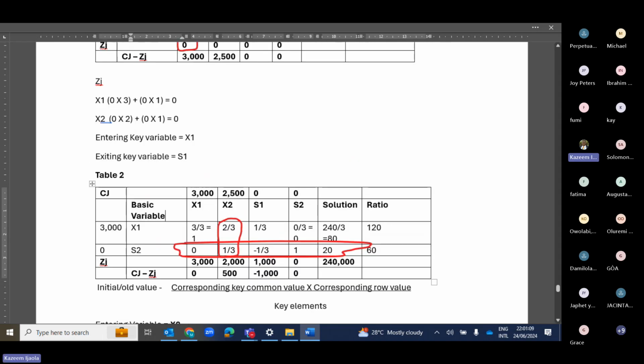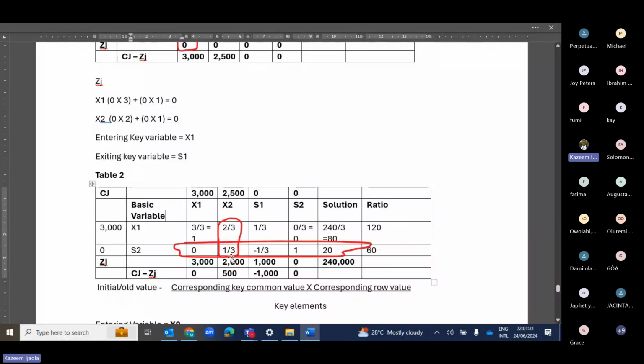So for the entry variable, who can tell me what is our pivot element here? The pivot element is the point of intersection between the key row and key column. So this 1/3 is our pivot element.